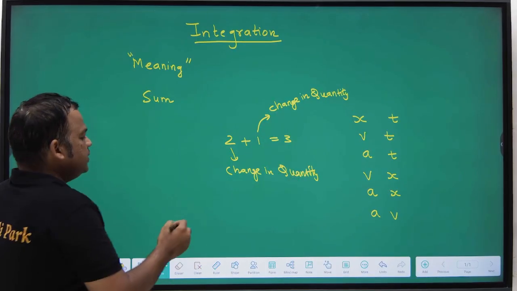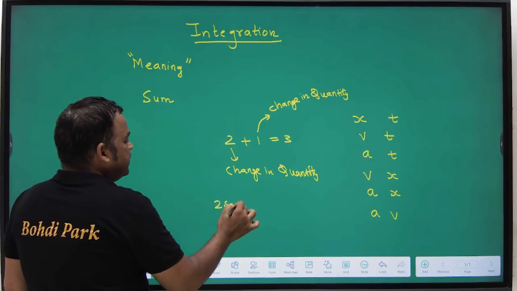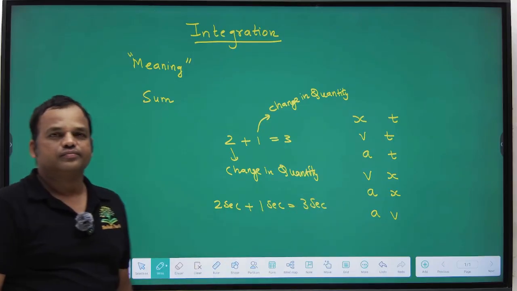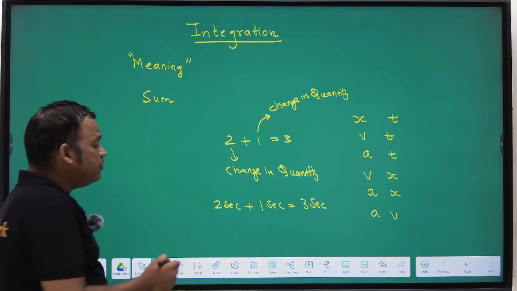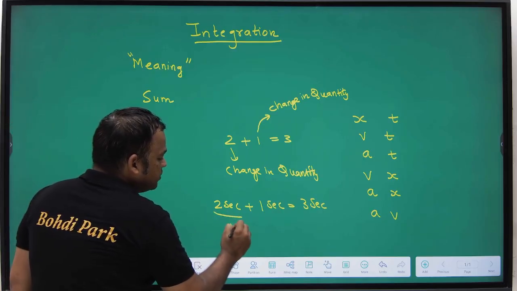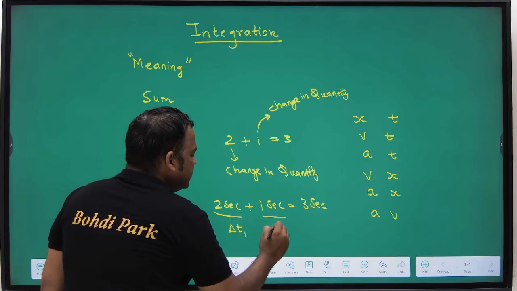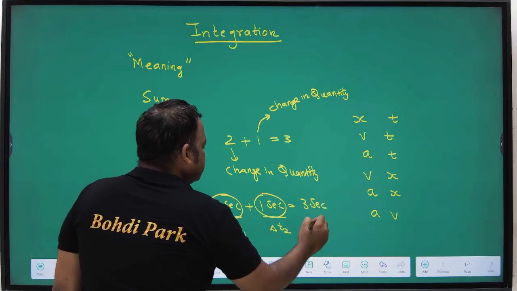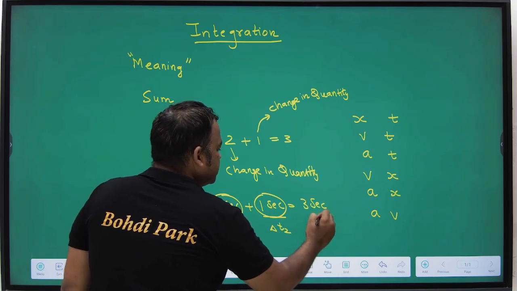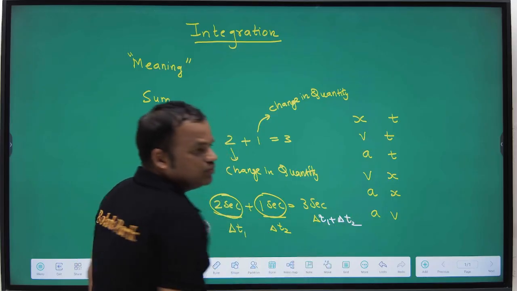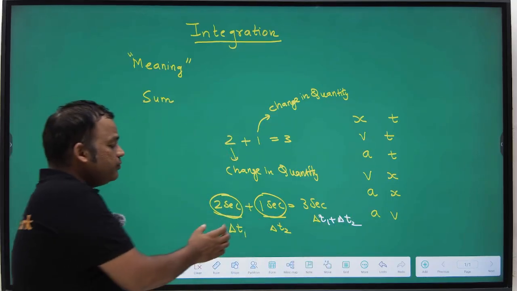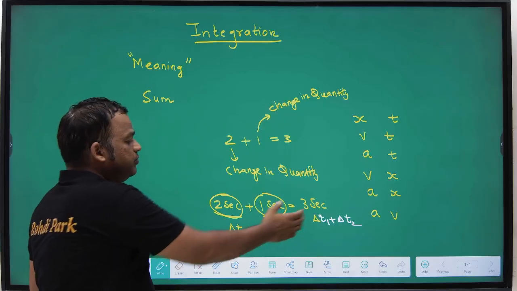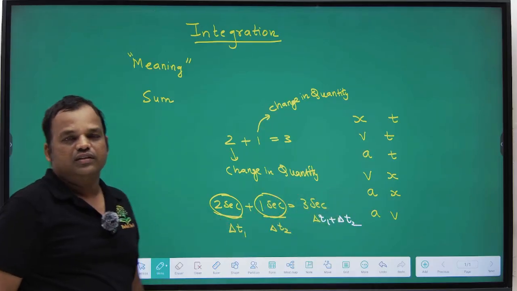For example, let's suppose 2 seconds plus 1 second is equal to 3 seconds. So the first time duration, we can call it delta t1, and the second time duration, we can call it delta t2, and this 3 seconds is delta t1 plus delta t2. So we are adding the first time duration and the next time duration, and we are getting the total time duration.